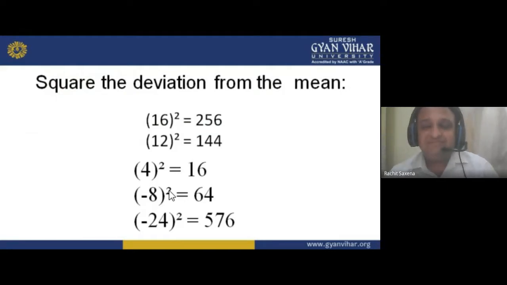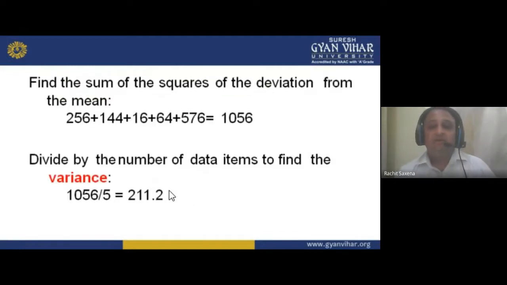So negative will always become positive when we are taking a square. Now, adding all these squares of deviation, I'm getting the value. Now divide by the number of data available with us, that is 5. Divide by 5, you will get the value 211.2, and the total of the squares of deviation is 1056. It is very simple mathematics. You just have to add it.